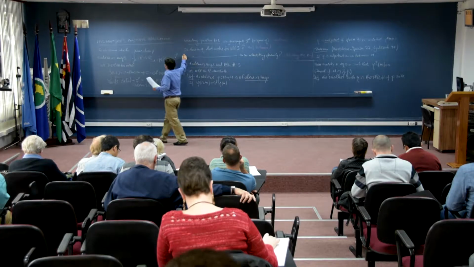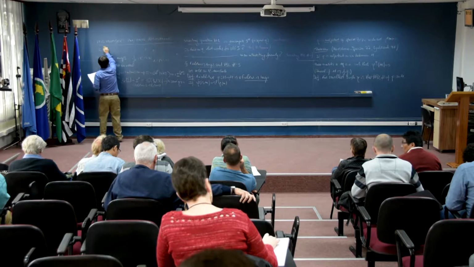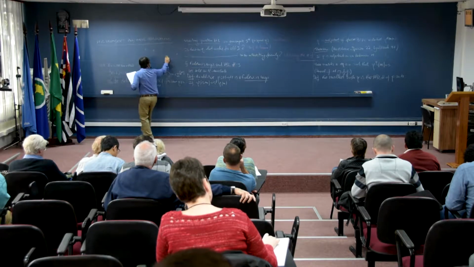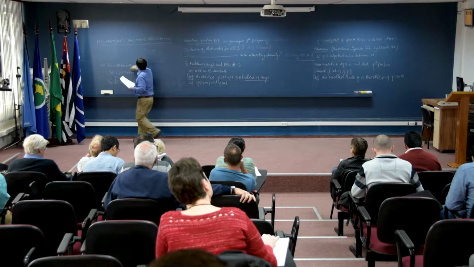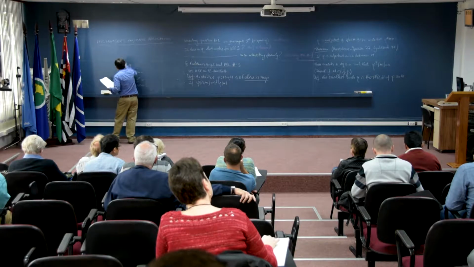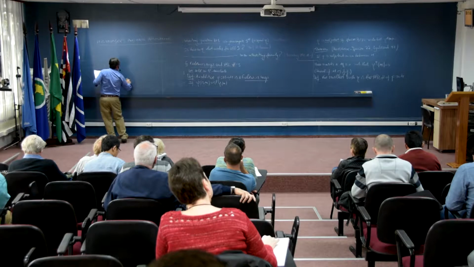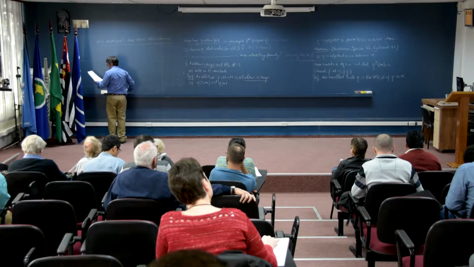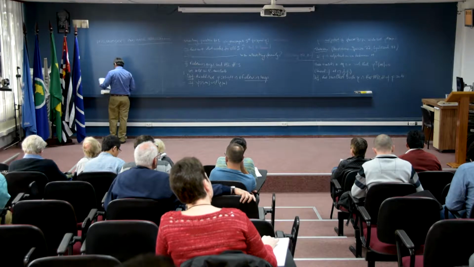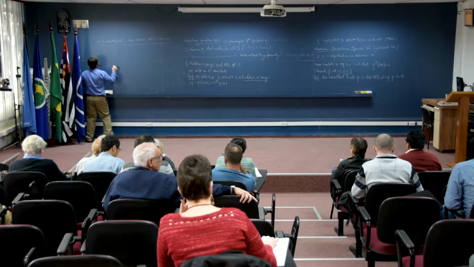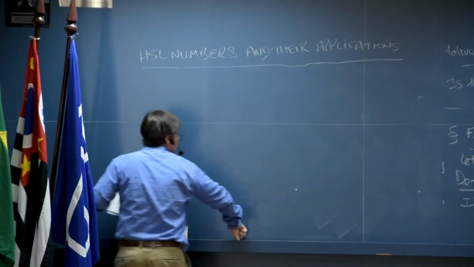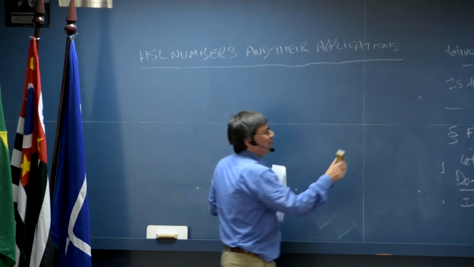So let's see an example of that. And this is not just an example, it's going to be an ingredient of a proof. So this brings us to the next section. Actually, you remember the title, don't you?